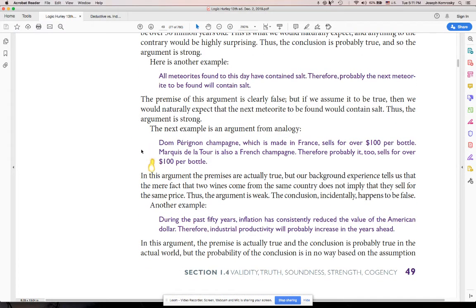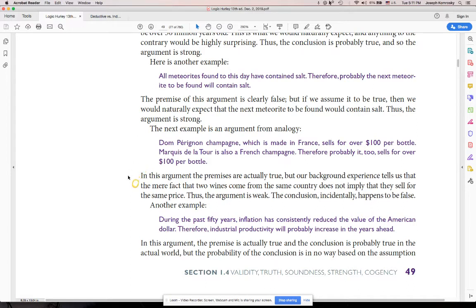Let me give this an example. Dom Perignon champagne, which is made in France, sells for over $100 per bottle. Marquise de la Tour is also French champagne. Therefore, probably it too sells for over $100 per bottle. So if you were to grant this premise is true, would the conclusion probably follow?